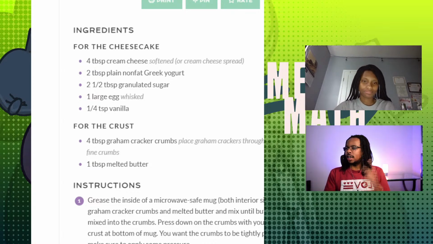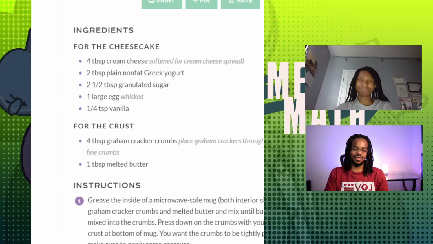Next, 1 large egg. How many milliliters? I say a large egg, plus the yolk and the stuff in it, maybe like a teaspoon and a half, maybe 2 teaspoons. I'm thinking a couple tablespoons.